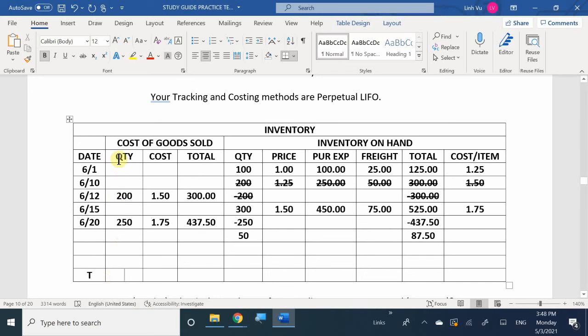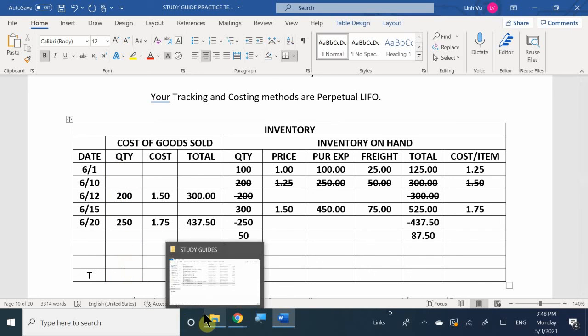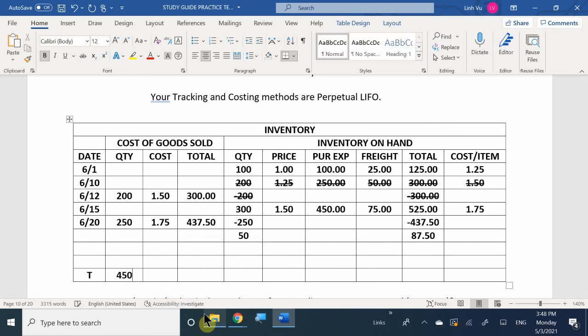Okay, so now again I'm going to add up my total. So let's solve our column. So here in grand total, how much did I actually sell? 450. I sold a total of 450, right? At what total cost? It's 737.50. Good.